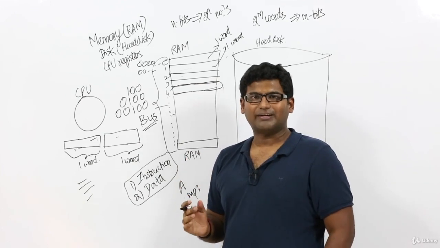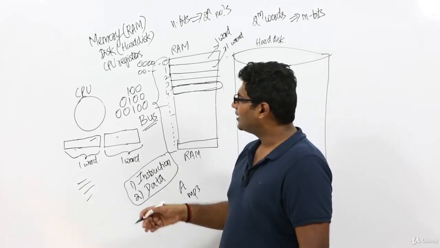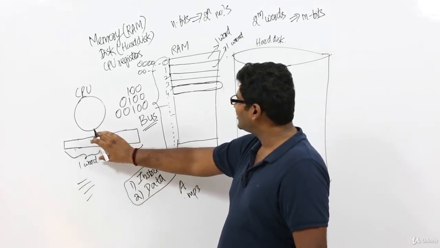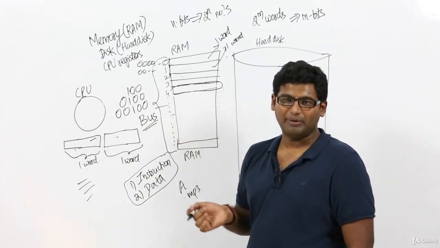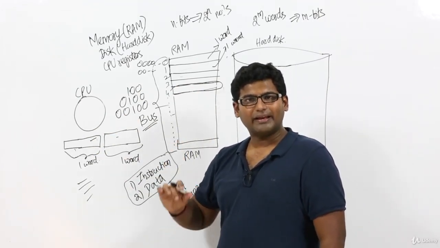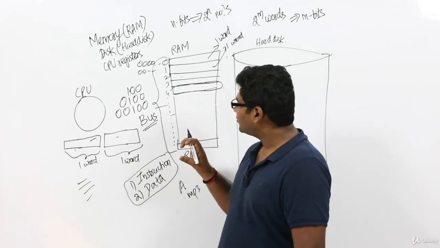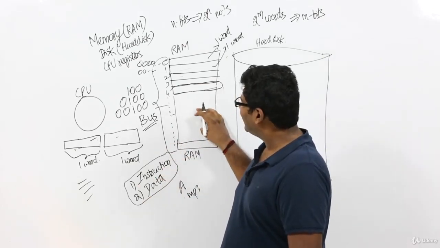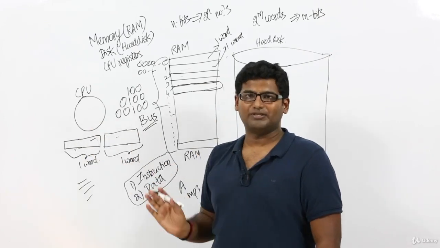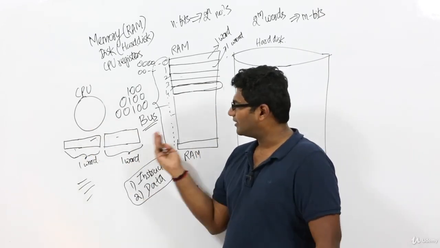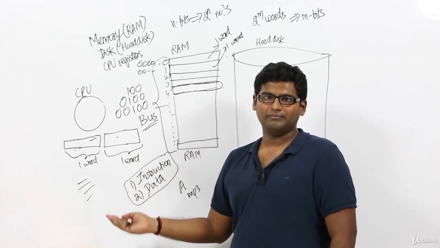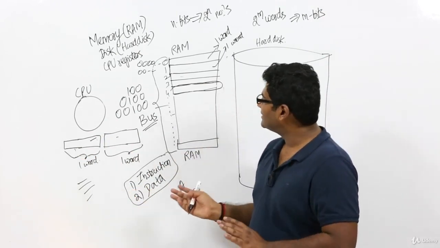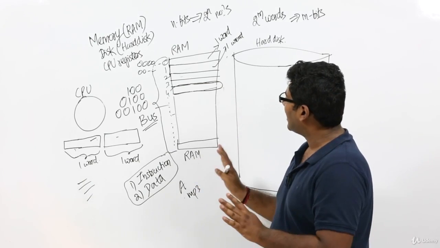The address bus is a collection of wires through which our CPU will be able to send the address. Similarly, we have something called the data bus, again a collection of wires which are used to send the data from RAM to the CPU's registers. Using this bus, our CPU is able to communicate with the RAM and get the data. This is what is actually happening in the RAM of our computer.